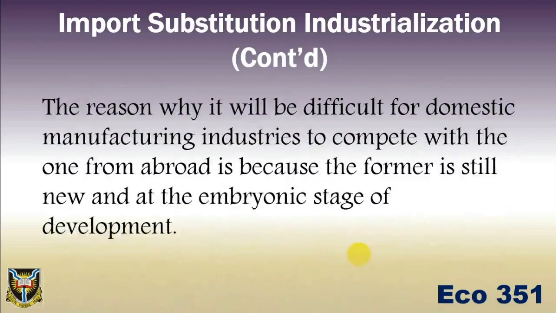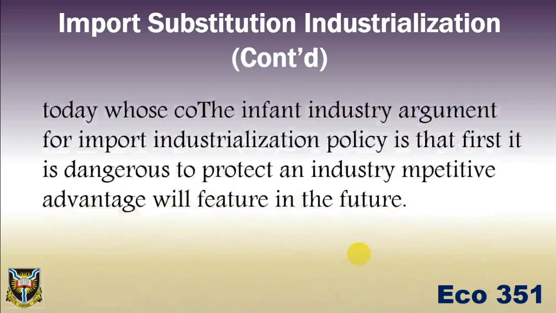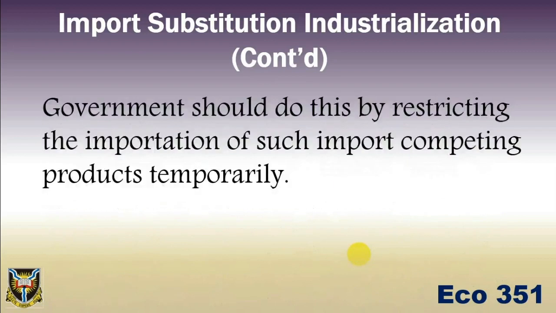The reason why it will be difficult for domestic manufacturing industry to compete with the ones from abroad is because the former is still new and at the embryonic stage of production. Thus, government should support the industry until they grow strongly enough to compete internationally. Government should do this by restricting the importation of such import competing products temporarily.